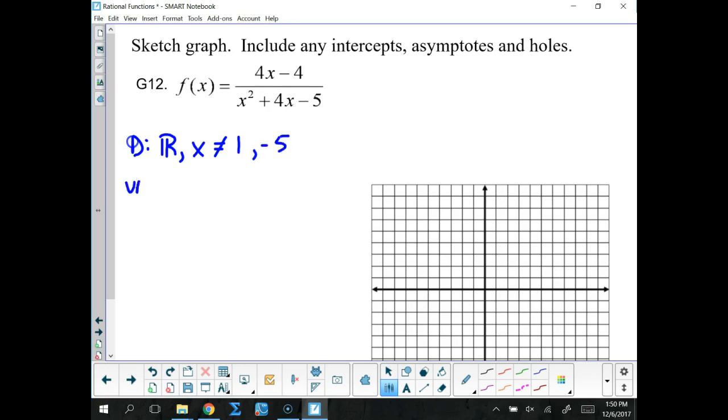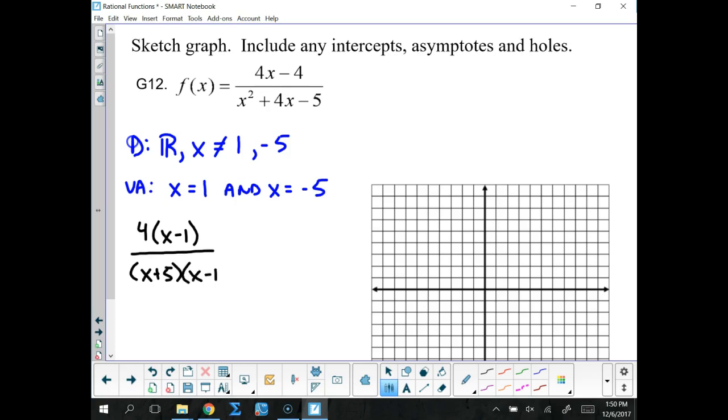So that gives me vertical asymptotes at x equals 1 and x equals -5. But if I look at my actual function, I can factor a 4 out of the top. The bottom factors to be x plus 5 and x minus 1.